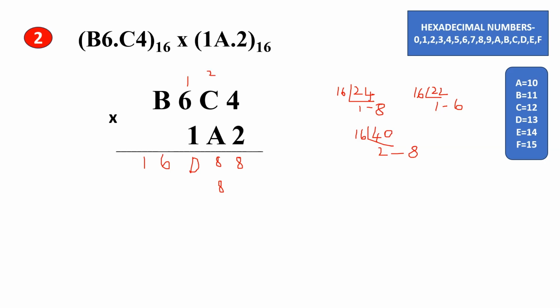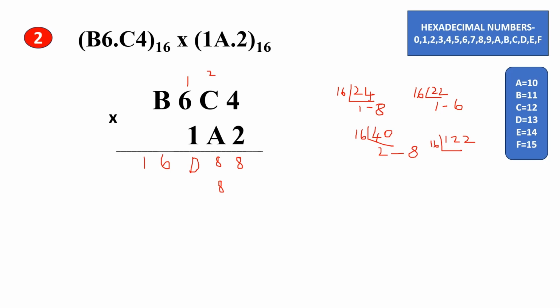carry. Then A into C. So A into C gives us 120 plus the carry 2, so you get 122. Make it hexadecimal, divide by 16.